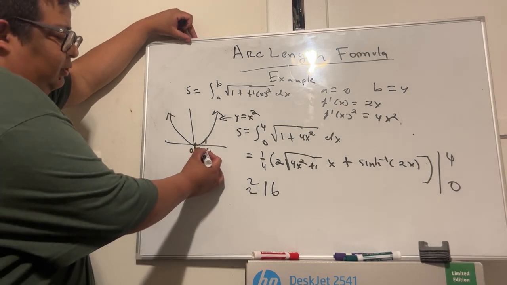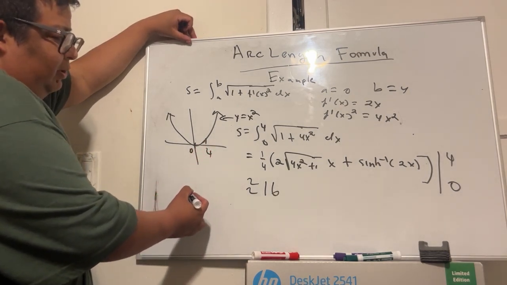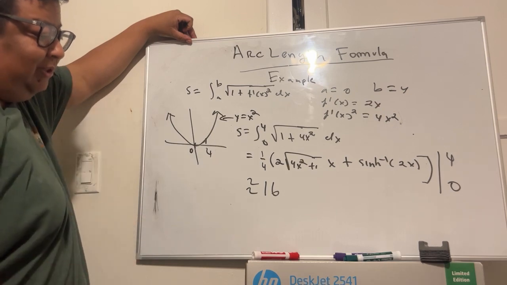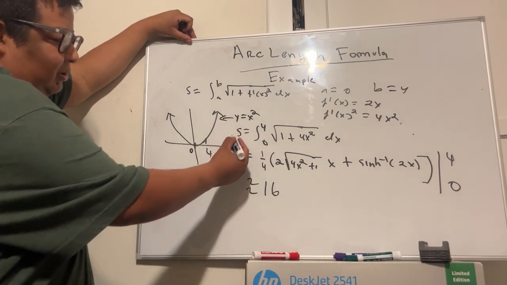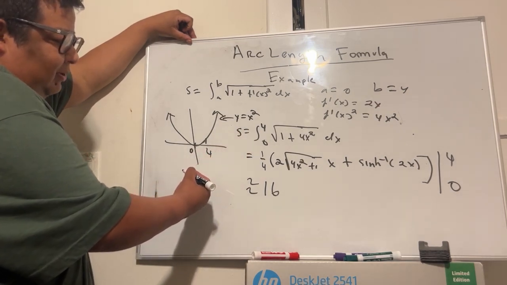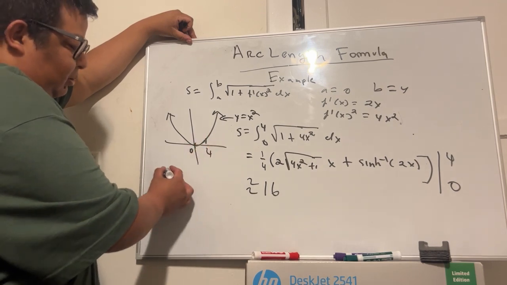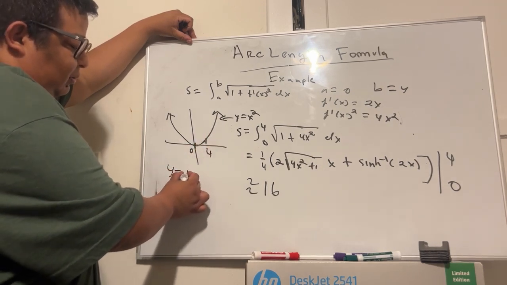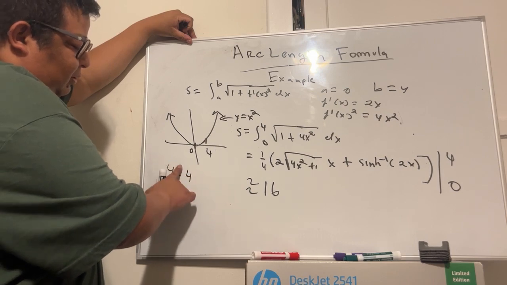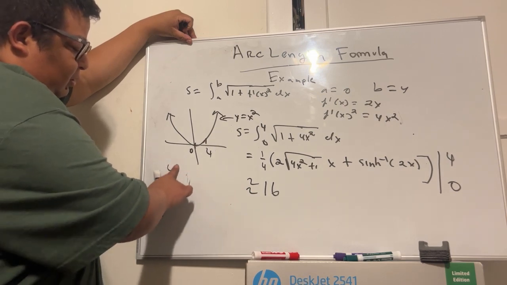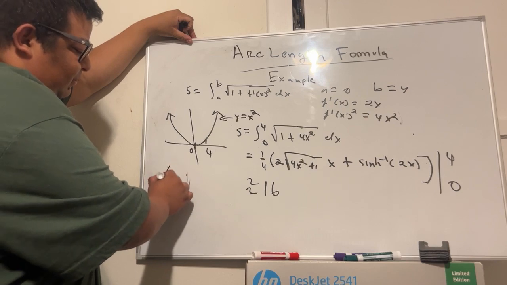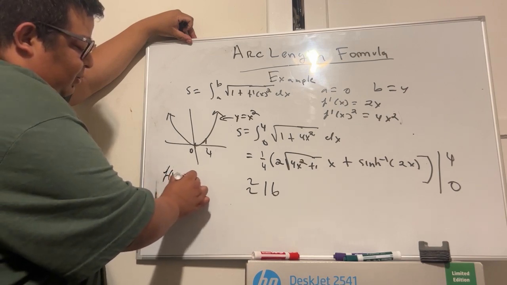Remember, we can kind of estimate it because look, what happens at 4, we'll say f of 4 is equal to 16.